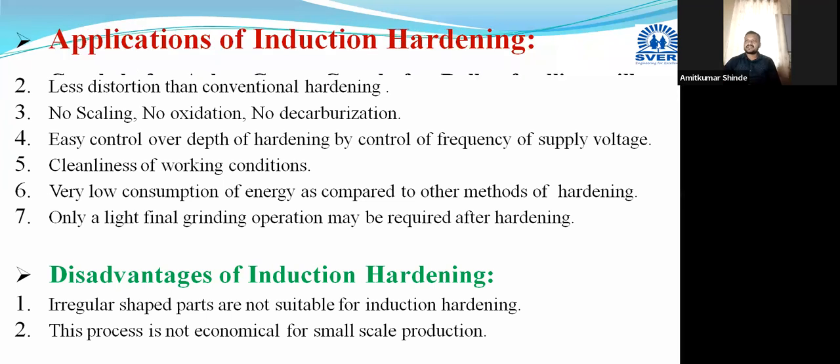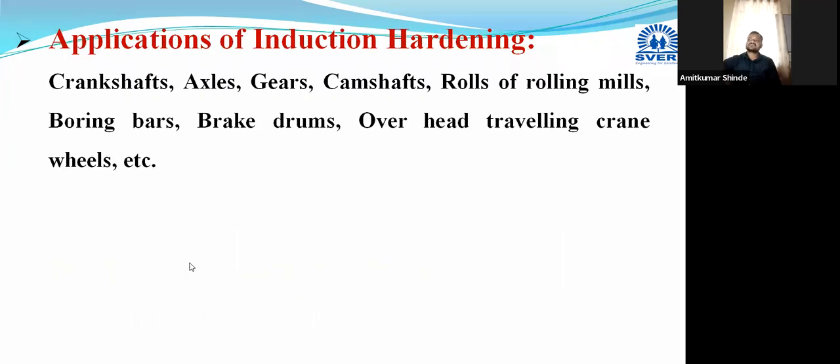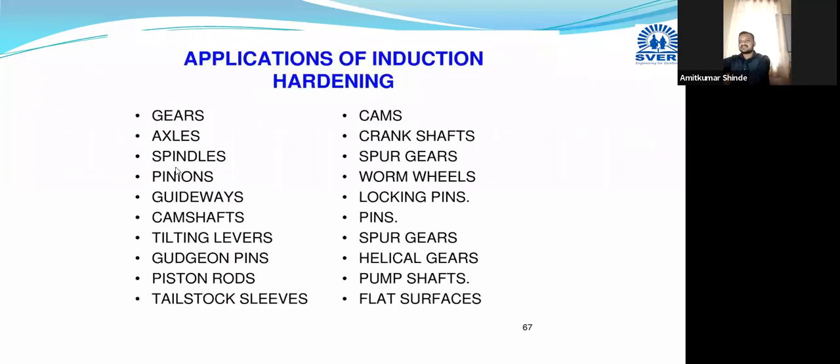And then related to the applications of induction hardening, you can do the induction hardening of crankshafts, camshafts, gears, axles, rolls of rolling mills, boring bars, brake drums, overhead traveling crane wheels. Okay, the other list is here.